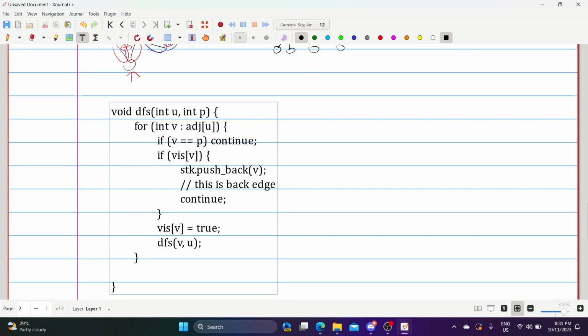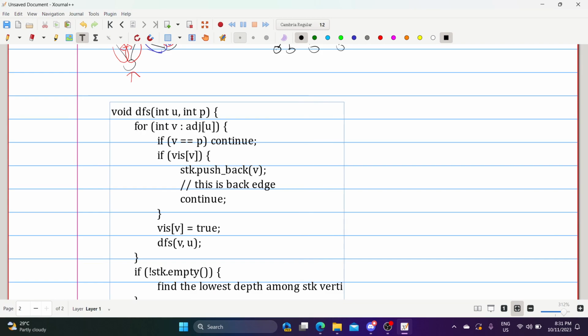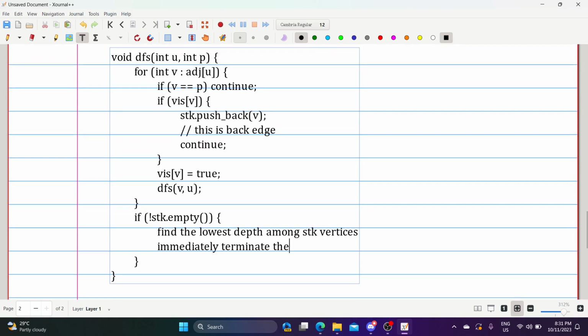Then only at the end, if the stack is not empty, you want to sort the stack and find the lowest depth among the stack vertices, and after that immediately terminate the entire program, because at this point you have already found either the cycle of length k or the independent set of size k over 2.